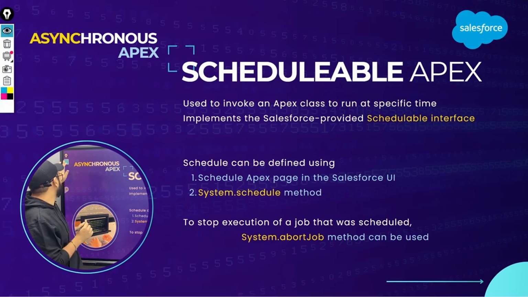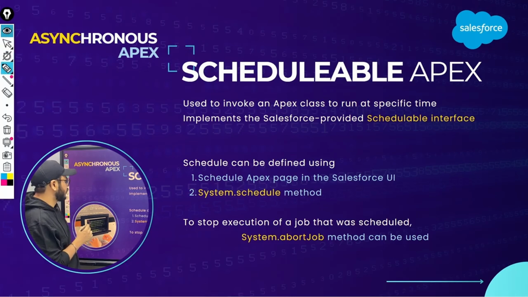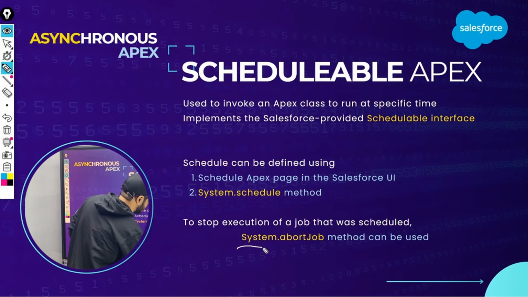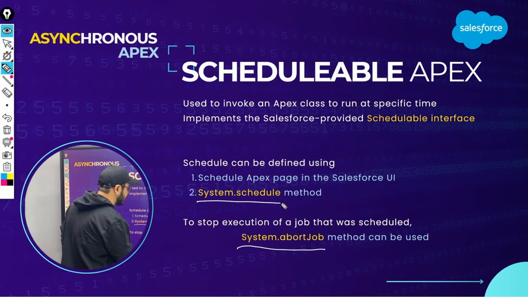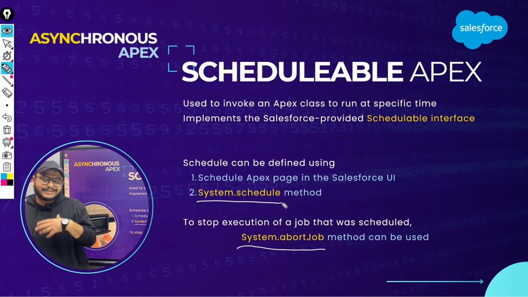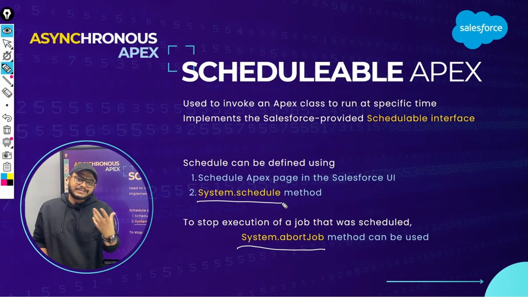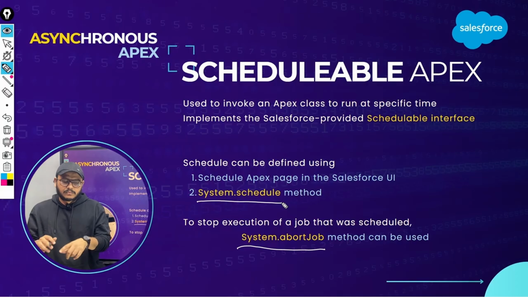And then there is one more thing here, which is the system.abortJob. We have the system.schedule method to schedule your schedulable Apex.